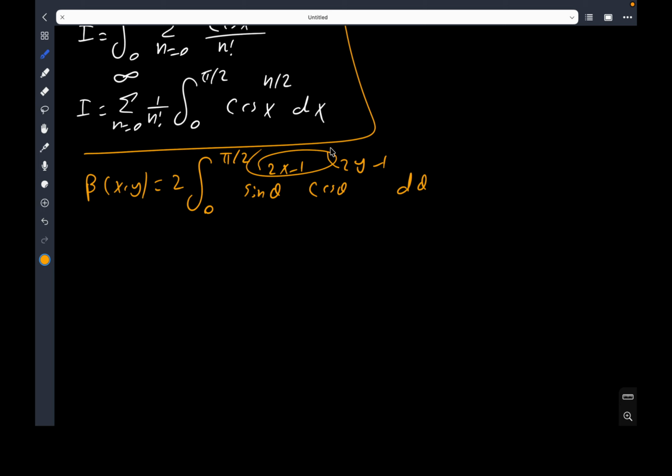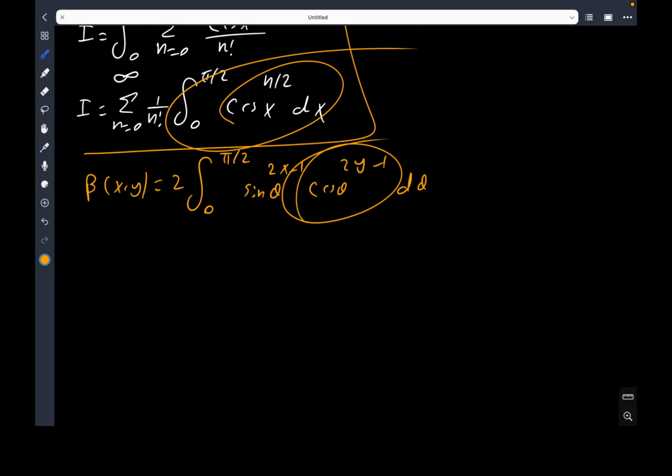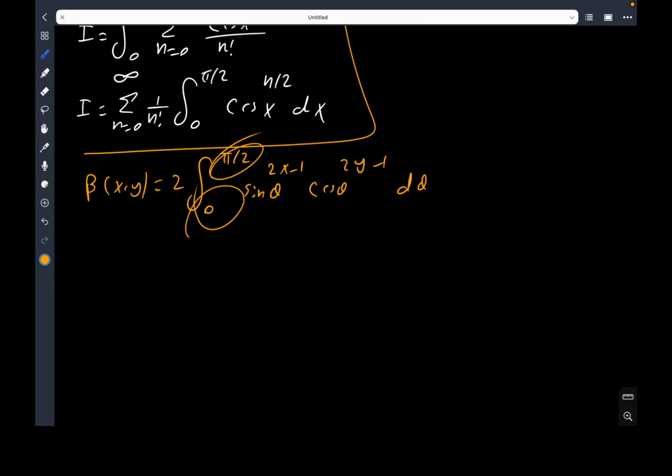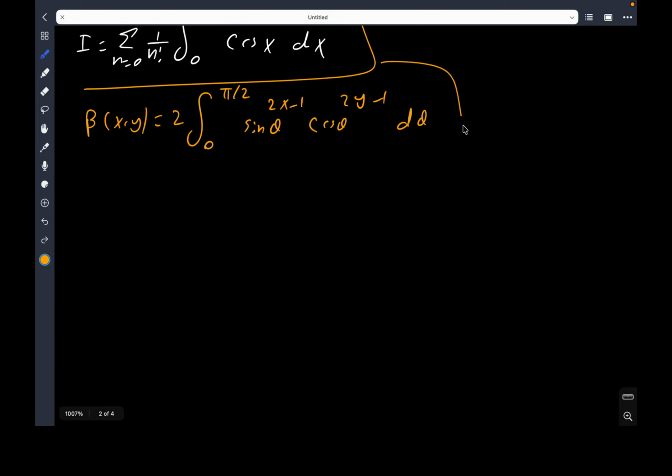Notice that we can match the powers here and obtain cosine x here since our boundaries are the same. So I'm going to match the powers.